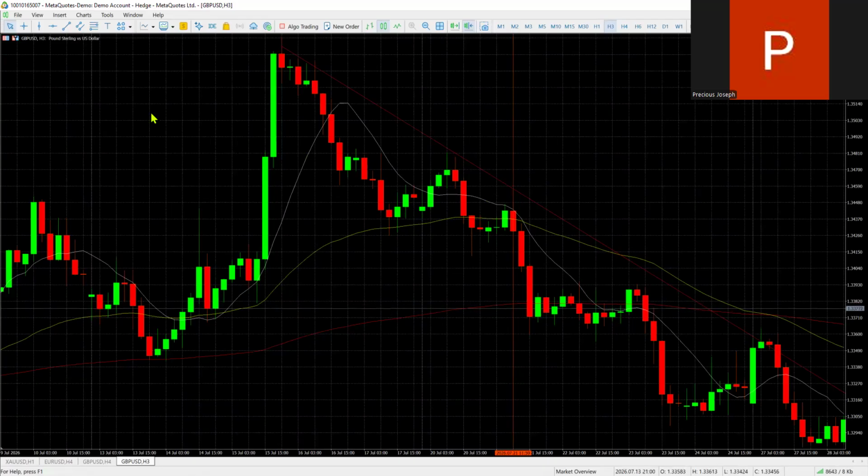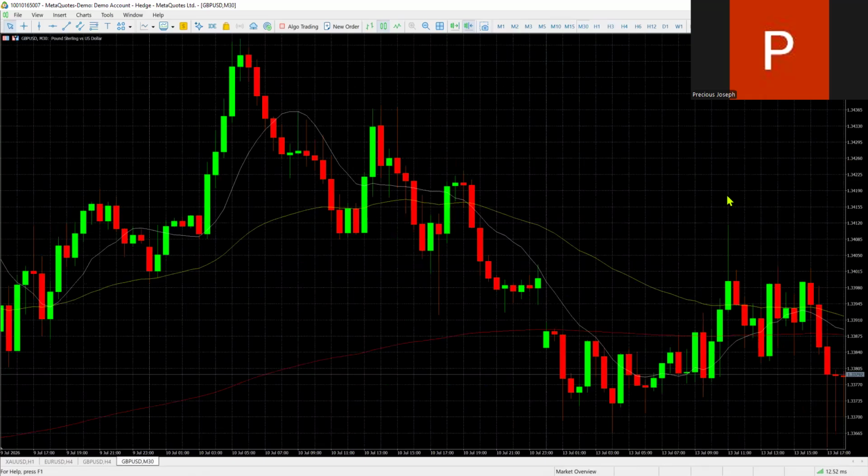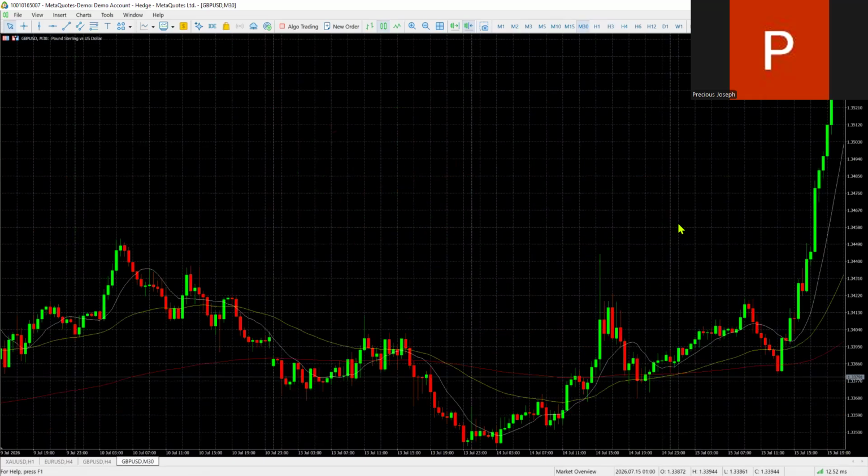I'll do that on, let's say, the 30 minutes. Anything from 30 minutes to 1 hour will be okay. And we're using this higher time frame because we want to be sure that yes, the setup is solid. It doesn't mean we won't make errors or lose trades, but using a higher time frame for confirmation is also a good strategy.